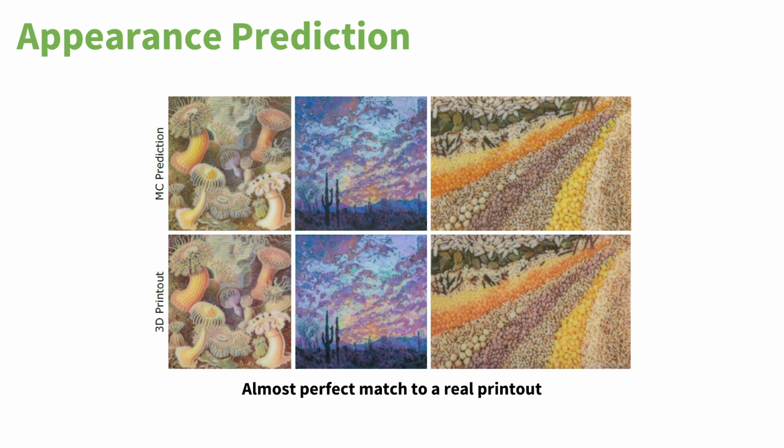And that's exactly what we want to have here, right? Because we really want to know exactly how the 3D printout would look like should we print the current solution, so that we can modify the solution in such a way that the match is actually achieved.